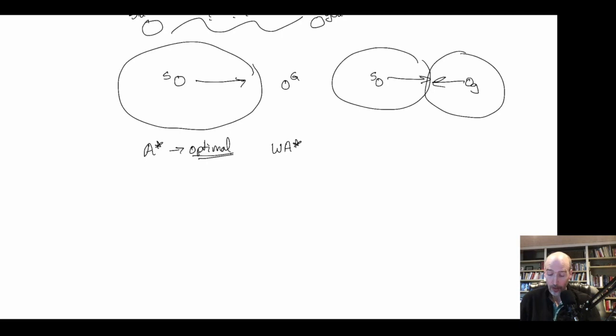Okay, so weighted A-star is a very common algorithm, but there are actually many other algorithms that have been introduced, and most people again don't know about these algorithms. Some common ones are explicit estimation search and dynamic potential search, and these algorithms have a bunch of trade-offs.